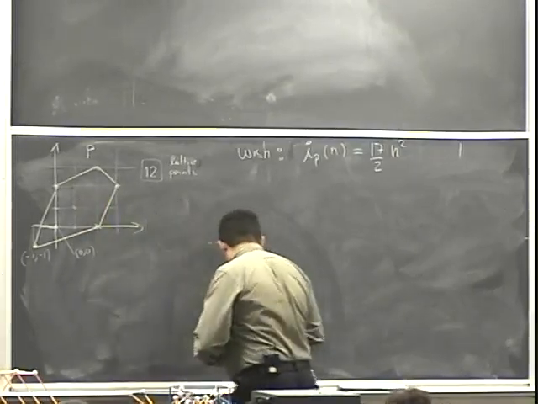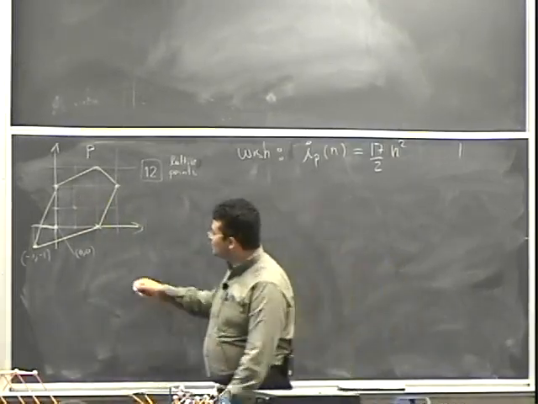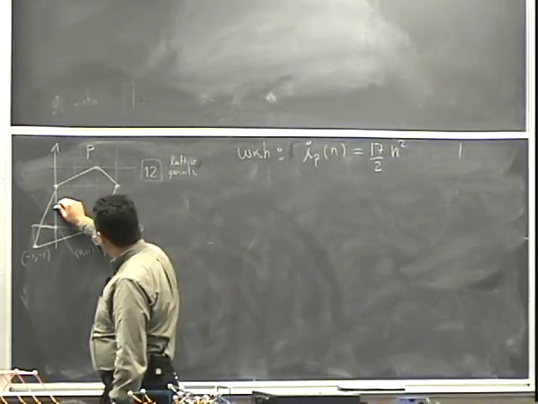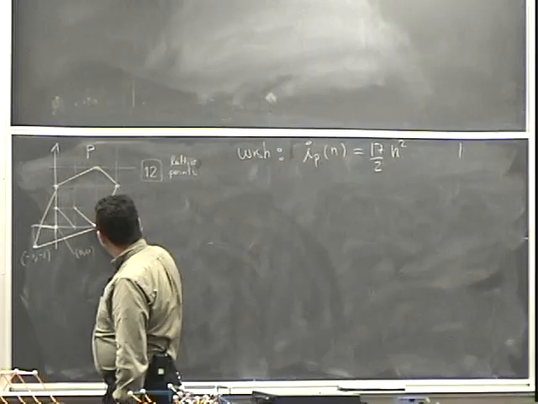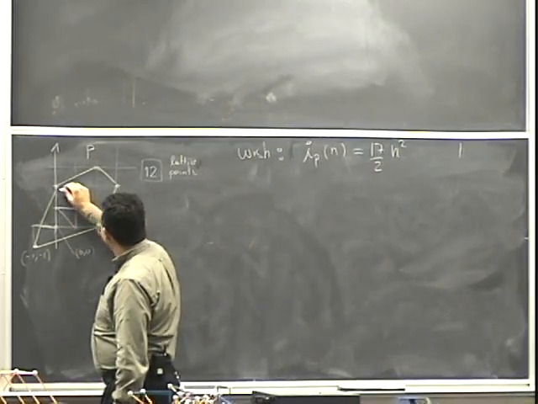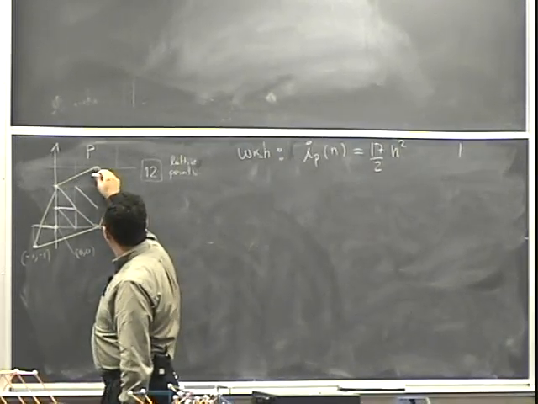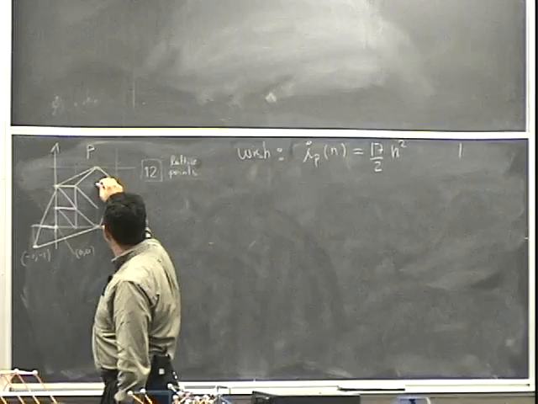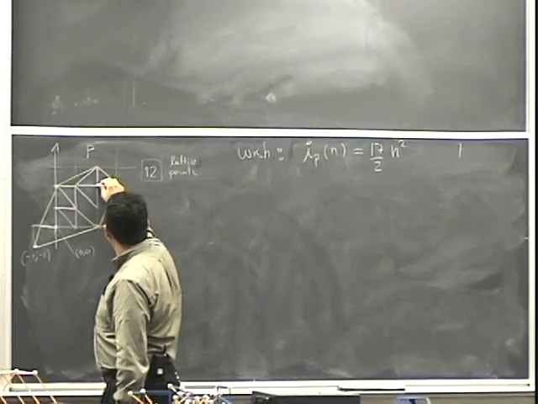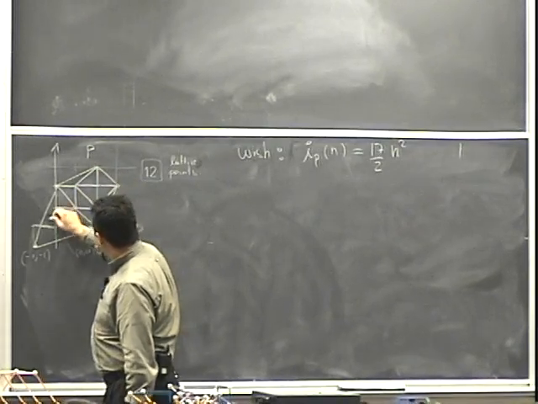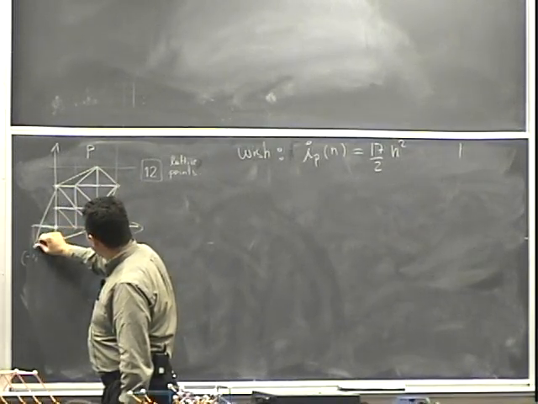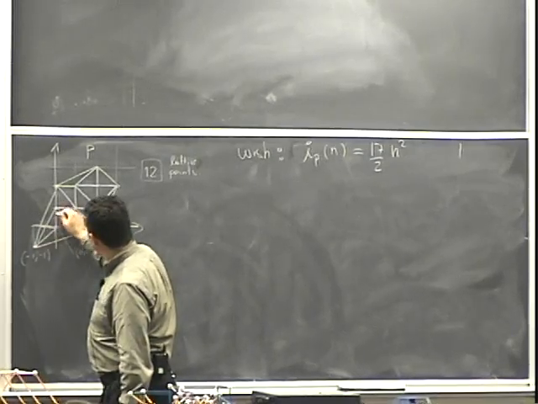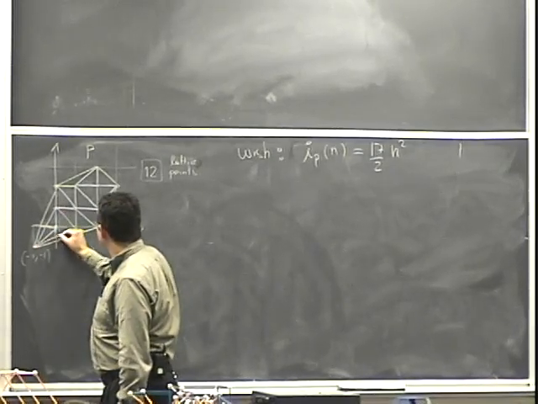You can check, what you have to do to compute this number is break this into triangles that have area 1/2. And if I did it right, there should be 17 triangles here.